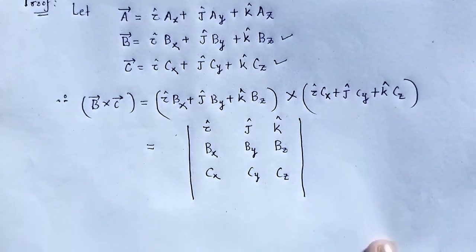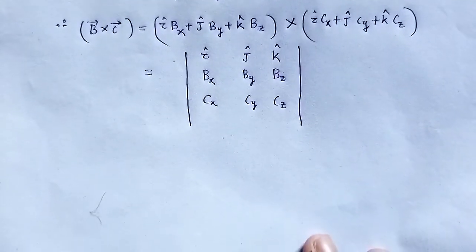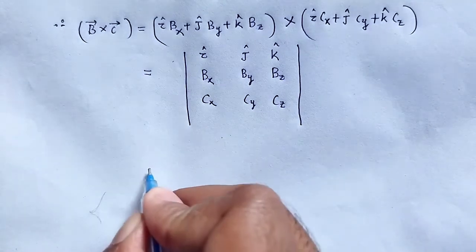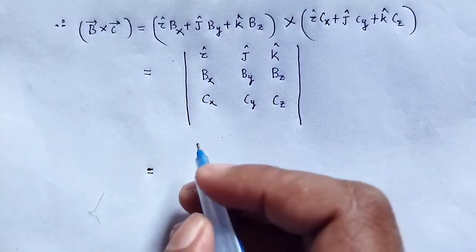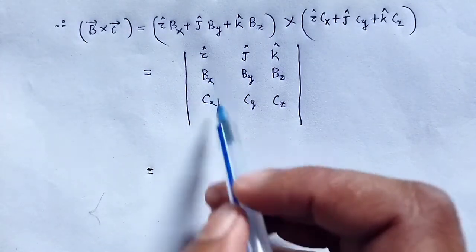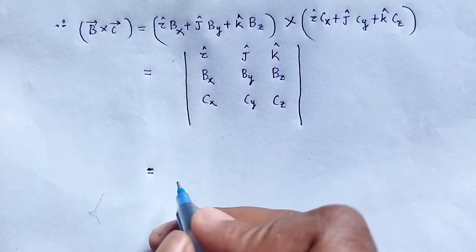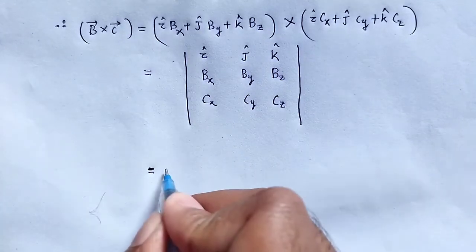Now we have to evaluate the given determinant along the first row.